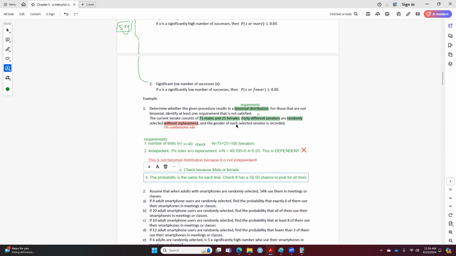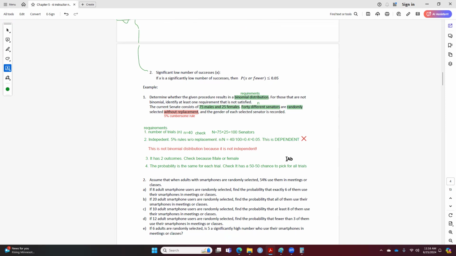Okay. So although the population is not 50-50, when I first pick, you don't know, right? The chance of you picking the first one is 50-50 until you pick it and you know. So actually everything worked except for number 2. This is the one that is not binomial in this case.